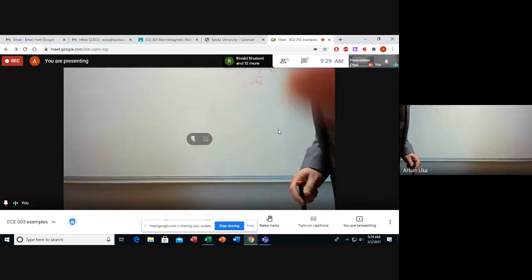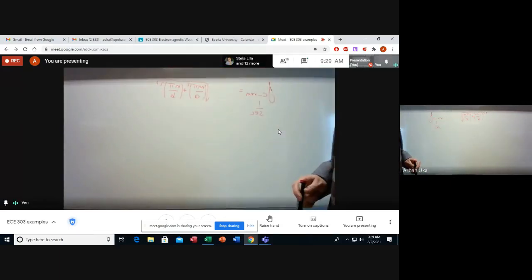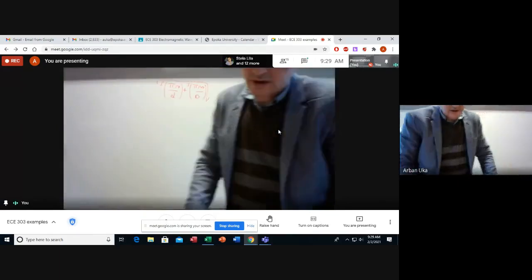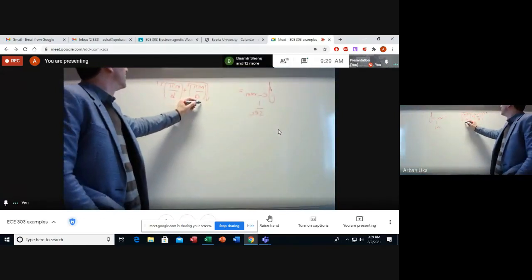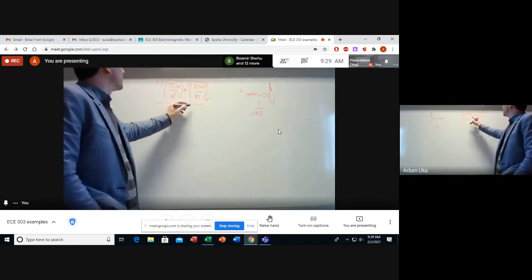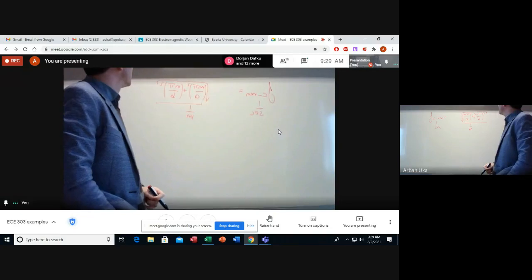Okay, this is the expression for the cutoff frequency. What other terms do we need here? So this is 1 over A, and this is 1 over meters. Is it correct? 1 over A, yeah.